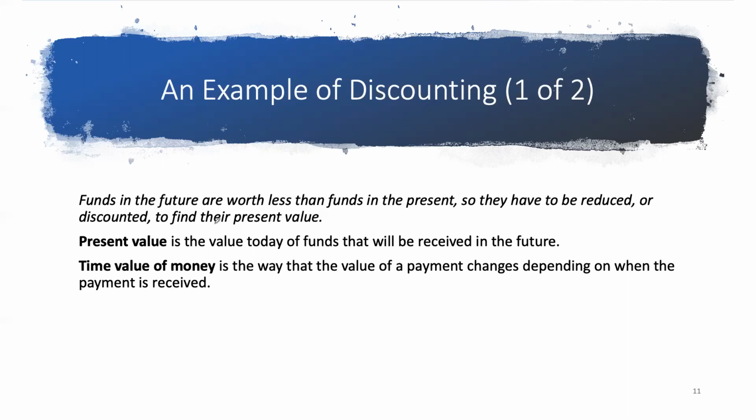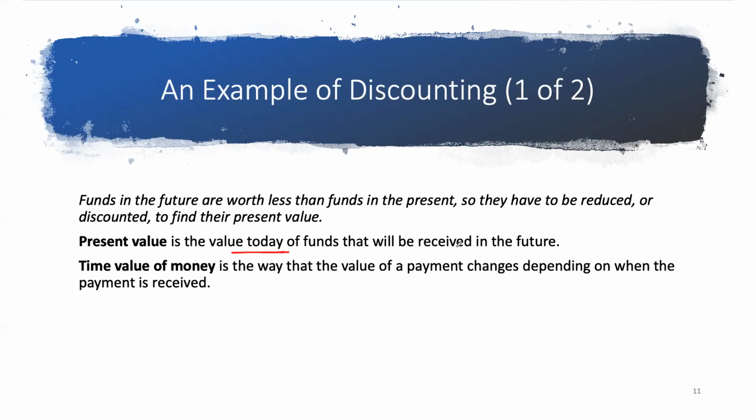Right? So that's the idea, and that's the reason why we call this discounting, because if it's $1,000 in the future, it's going to be worth something less than $1,000 today, and how much less is the discount rate which is applied to that future payment, right? So the present value essentially tells us the value today. The crucial idea is that we're valuing it today. That's why it's the present value of funds that will be received in the future.